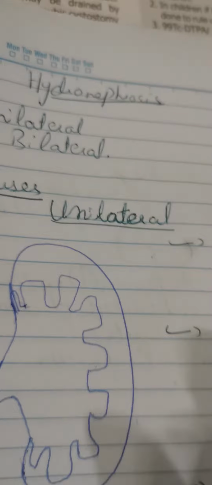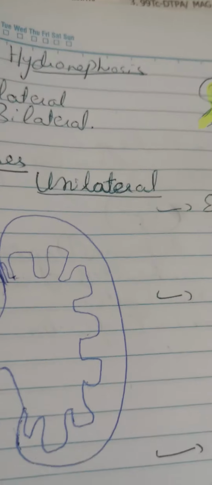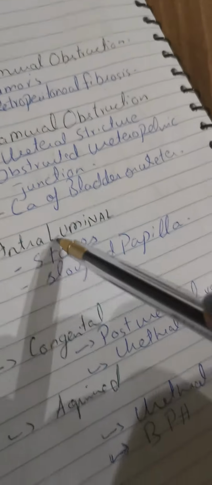So, to begin with, unilateral causes of hydronephrosis include extramural obstruction, intramural obstruction, and intraluminal.